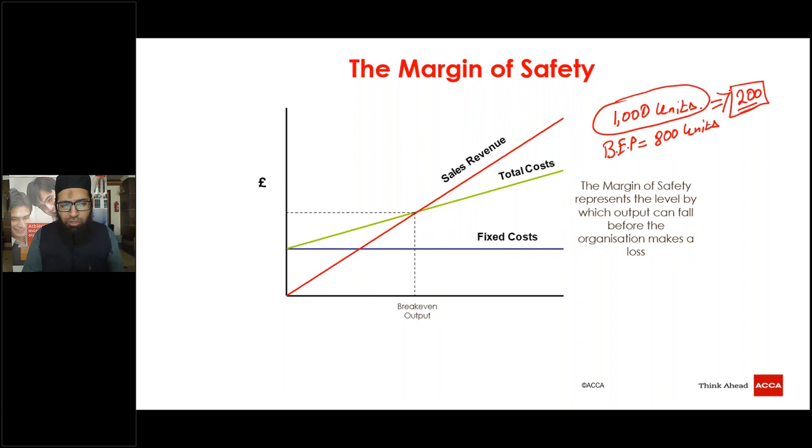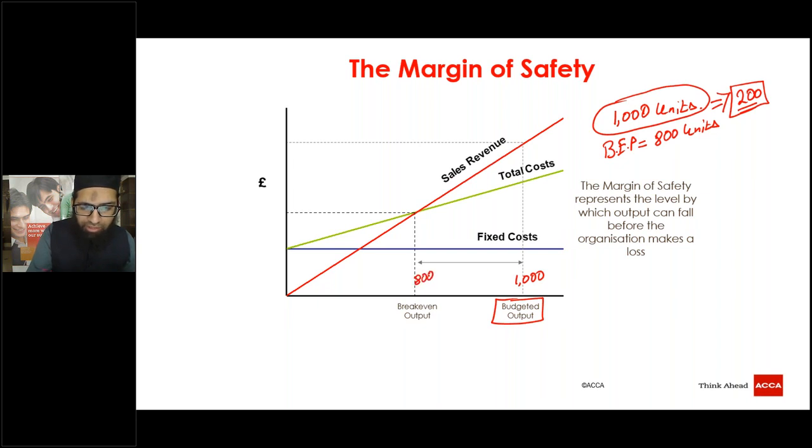So let's come back to the previous chart. Let's assume that this is my budgeted output. Now, margin of safety will be the difference between the budgeted output and the break-even point. So suppose budgeted output is 1000 and the break-even output is 800.